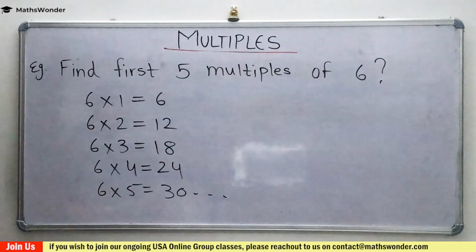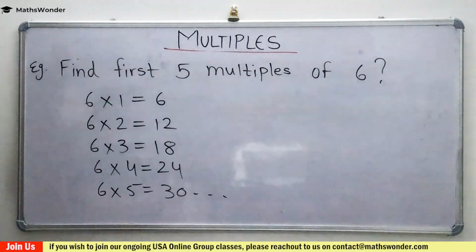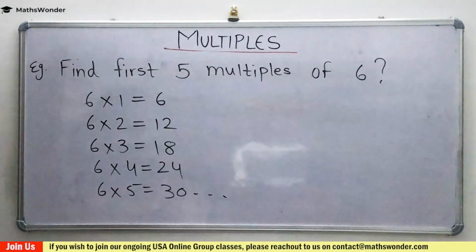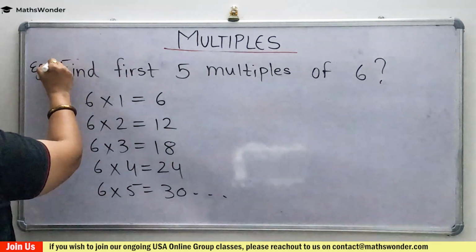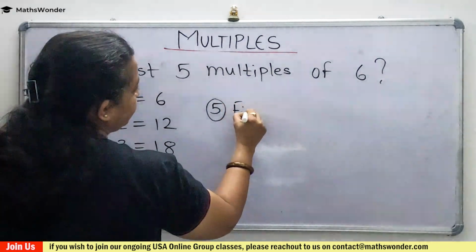If the question comes the other way, like find the 7th multiple of any number, suppose 19. So the next question is: find the 7th multiple of 19.